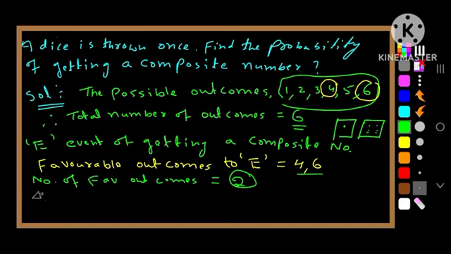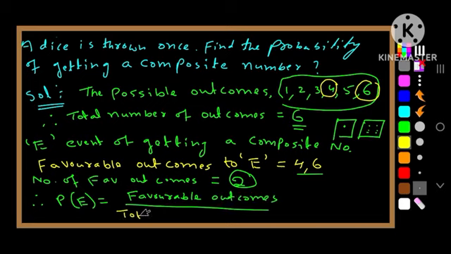Now you have to substitute the values in the probability formula. What is the probability of an event? It is given by favorable outcomes by total number of outcomes.